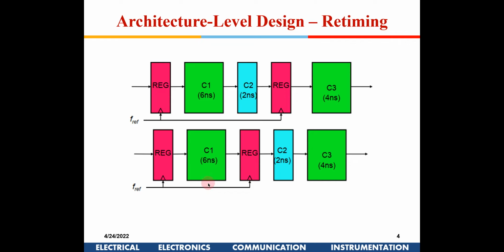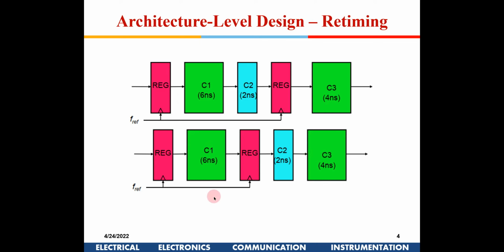Here I will maintain that 8 nanosecond time period, because there could be some other part of the circuit where there could be 8. Here I see that this particular block is just 6 nanoseconds, so probably I can reduce the VDD and increase the delay here, because I am maintaining the clock time period as 8. So I can reduce the VDD of this block and these blocks as well, so that I can reduce the power.